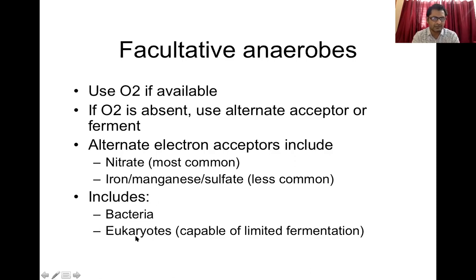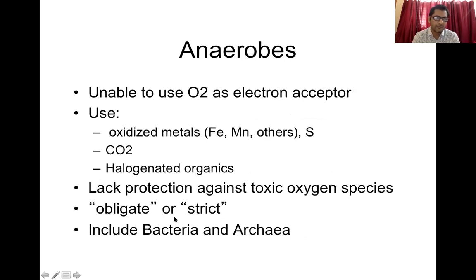So if somebody says that eukaryotes are facultative anaerobes, yes, for a little time or for some time, but not exactly facultative anaerobes, because they cannot live very long without oxygen. And bacteria, yes, there are a number of bacteria which can live as facultative anaerobes.